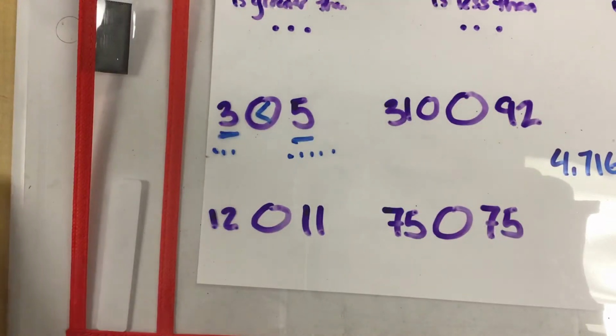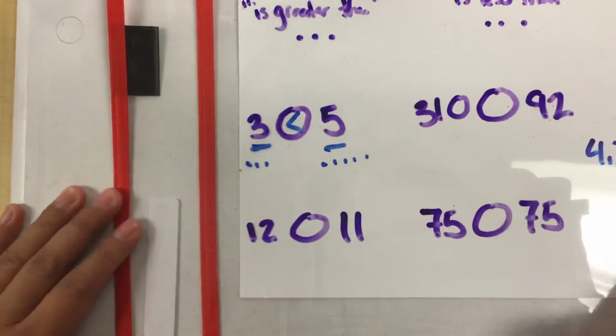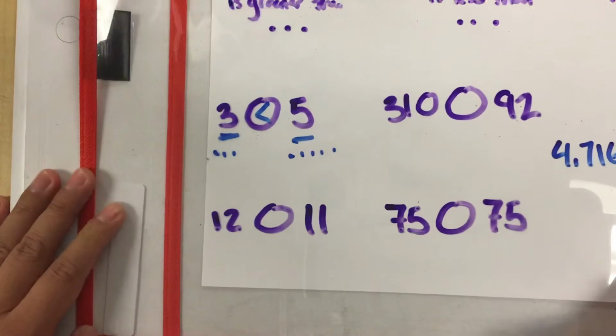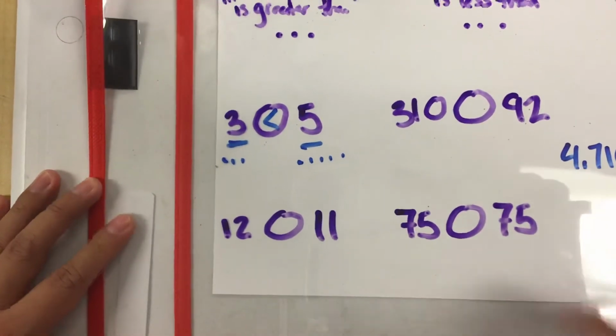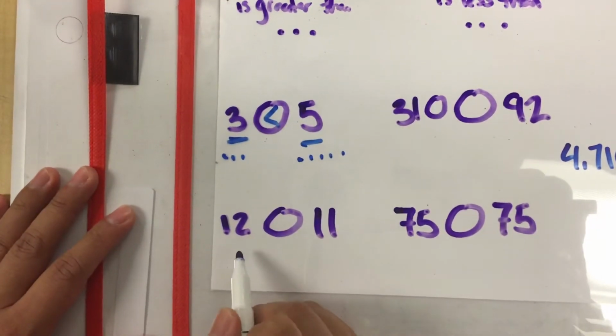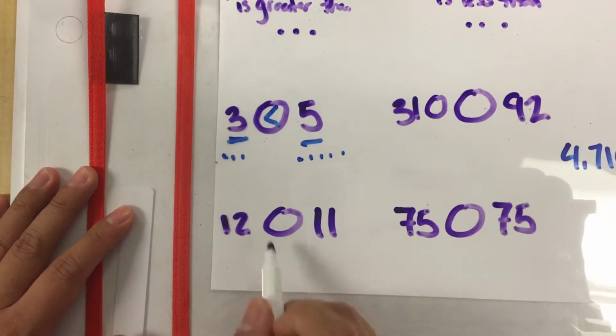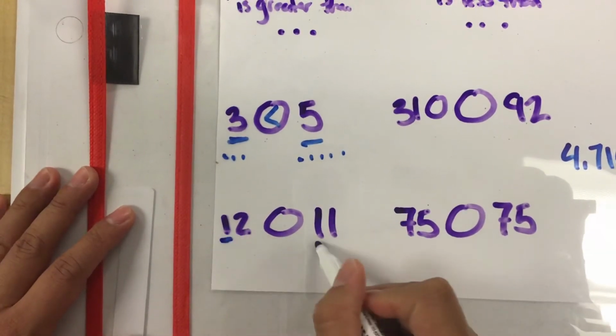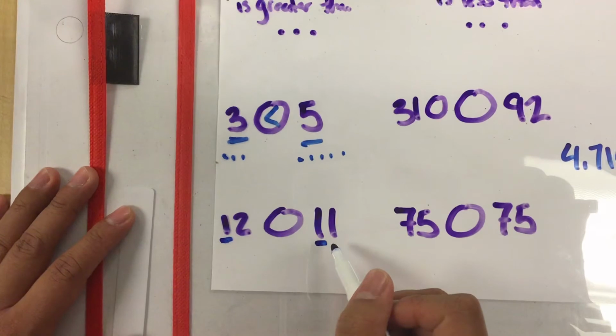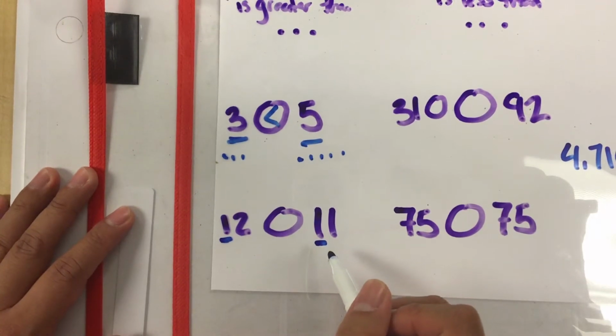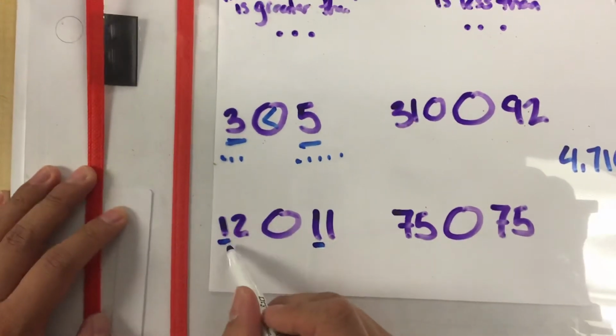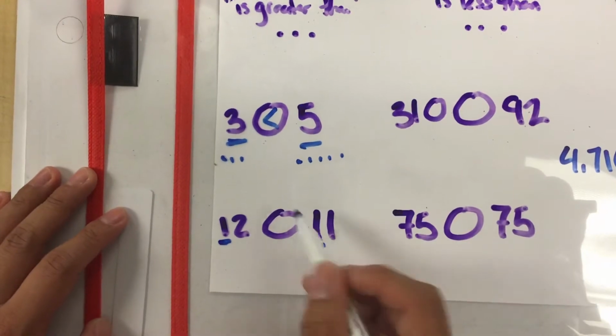So we're going to do a 2-digit number and see how our place values help us understand how to compare. Well, if we look here, we have 12 and 11. Now let's start out with the left side, so our highest value or our highest unit. Both of these have 1 ten in it.